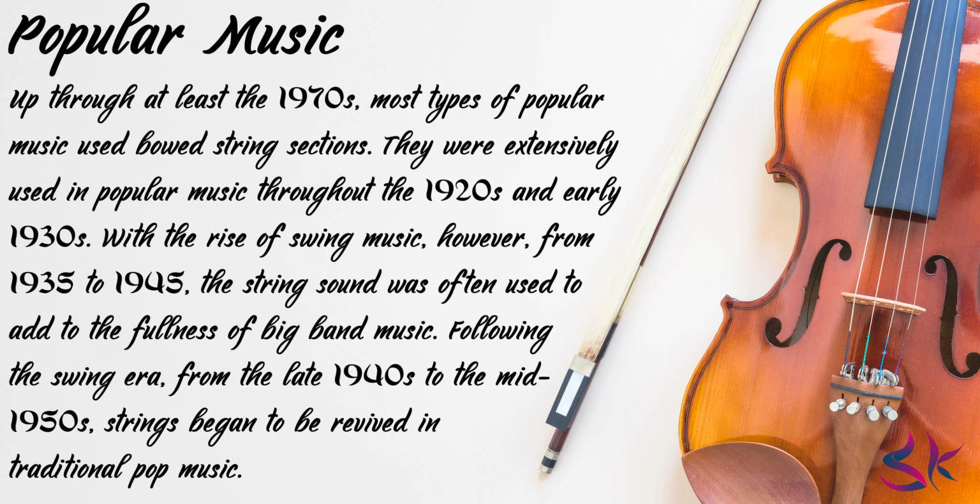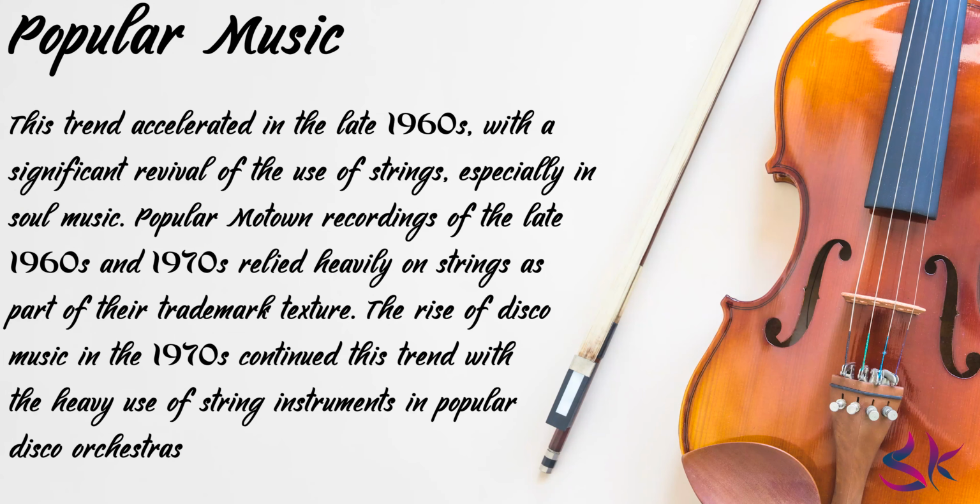Following the swing era, from the late 1940s to the mid 1950s, strings began to revive in traditional pop music. This trend accelerated in the late 1960s with a significant revival of the use of strings, especially in soul music.